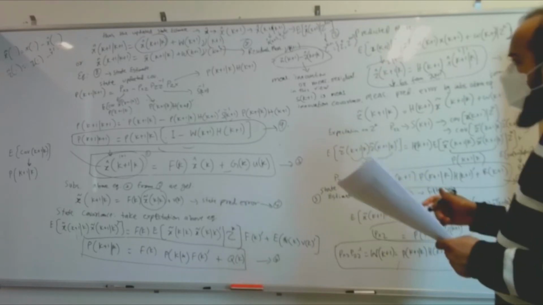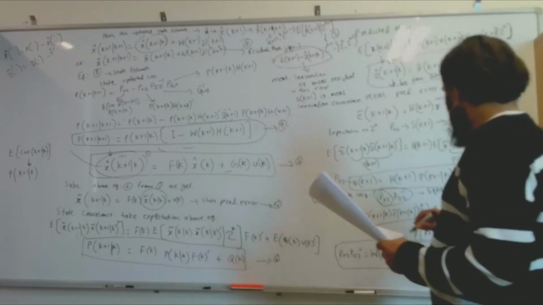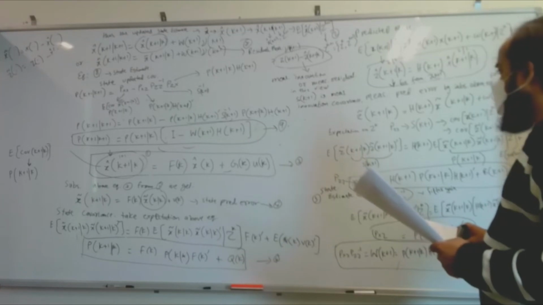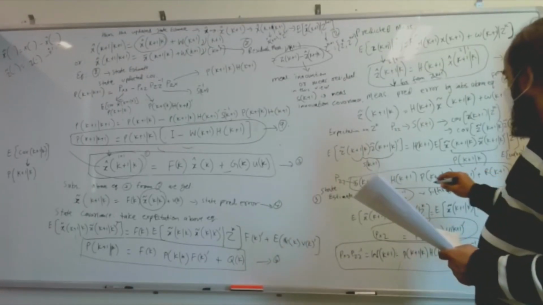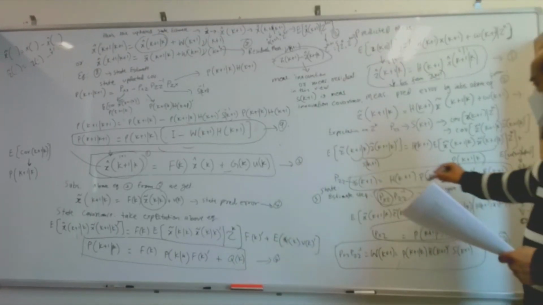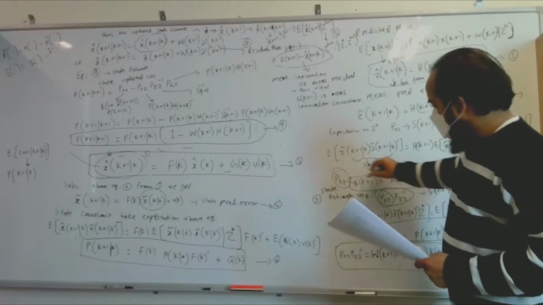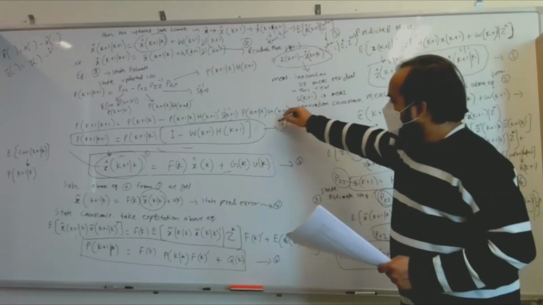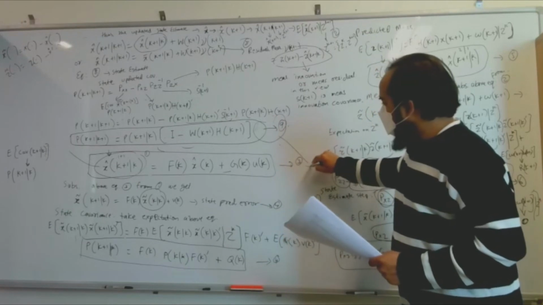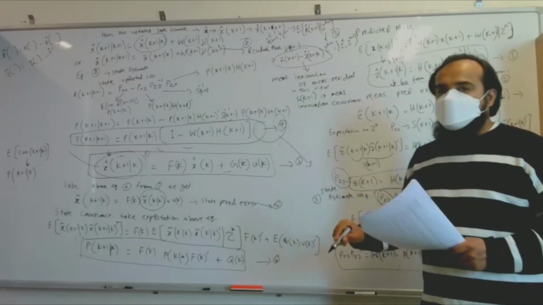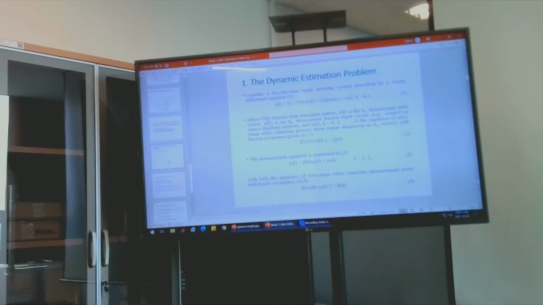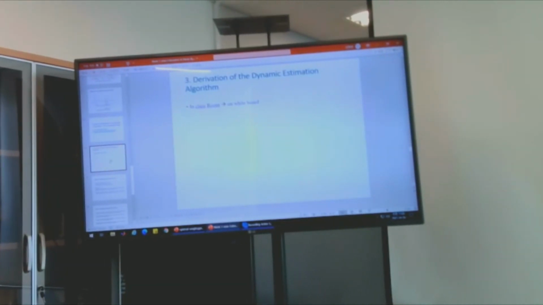This equation number 9 and S inverse, this equation number 6 Pzz, this equation and this equation are called the covariance of the filter. So we have done this on the whiteboard.